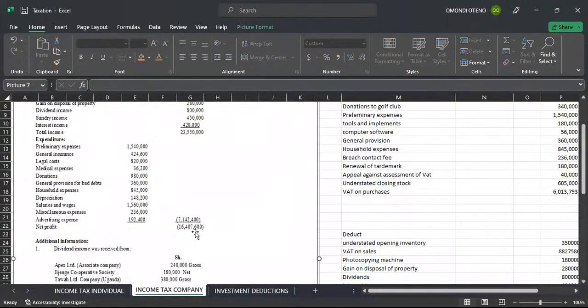Is it a negative or a positive? This 16,407. Is it a negative or a positive? Is it a positive or a negative value? This 16.